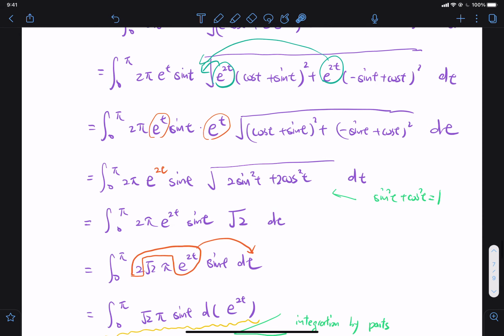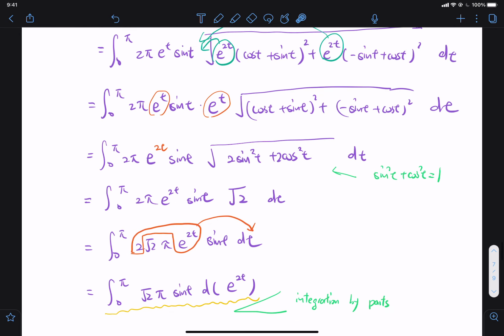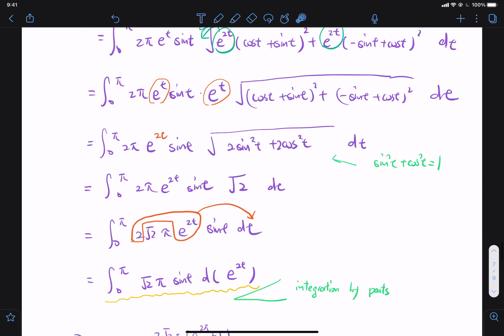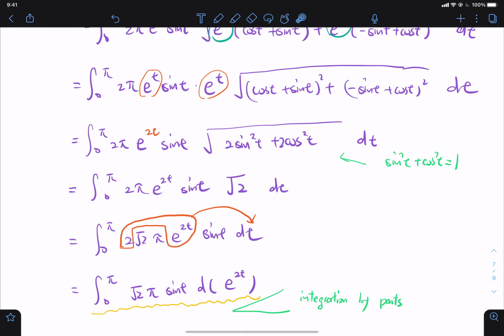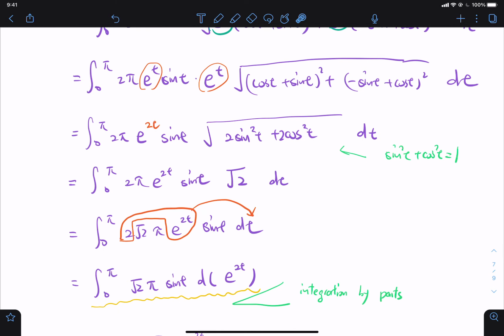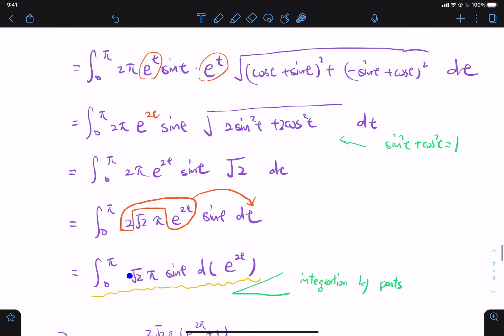And now I can combine this e^t, multiply them together, and it becomes this e^t, right? And the rest is just to figure out the definite integral of this expression. Here is a product of the exponential function and the trig function. We've done something like this in the last 2 tutorials, I think, and the technique we used was integration by parts. So we need to let this e^t go into the differential sign so that it becomes d of e^t.